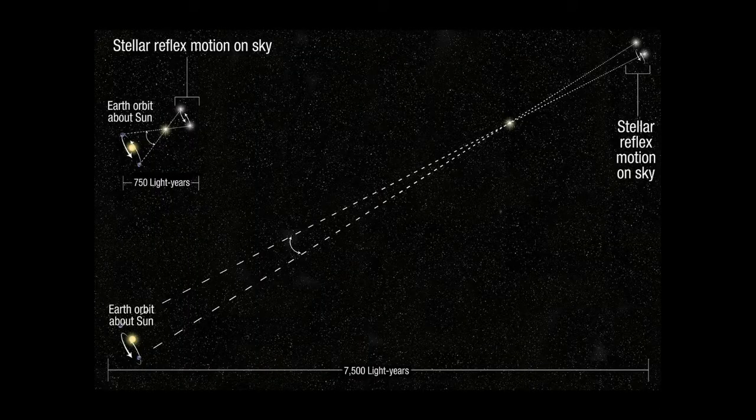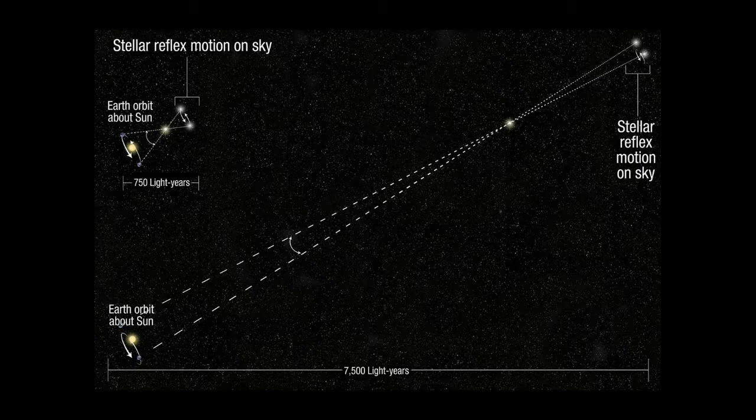Now here you can see what is the application of this method. It's in the bottom left-hand corner. You can see a picture of the sun and the Earth that moves around it. So the baseline here is in fact 2 astronomical units, 2 radii of the Earth going around the sun. We're looking then at the far away star, and there's a background there.